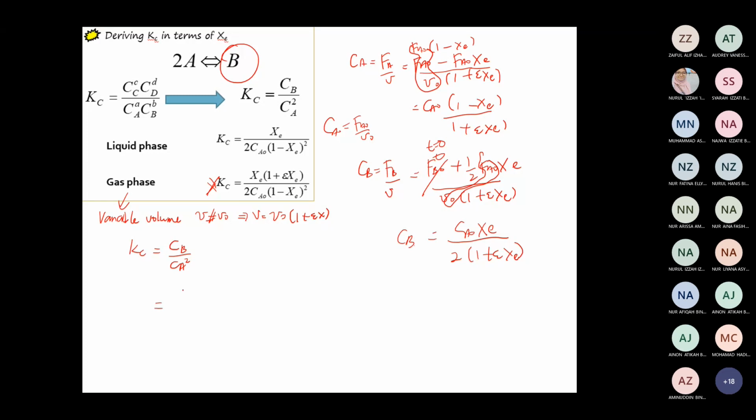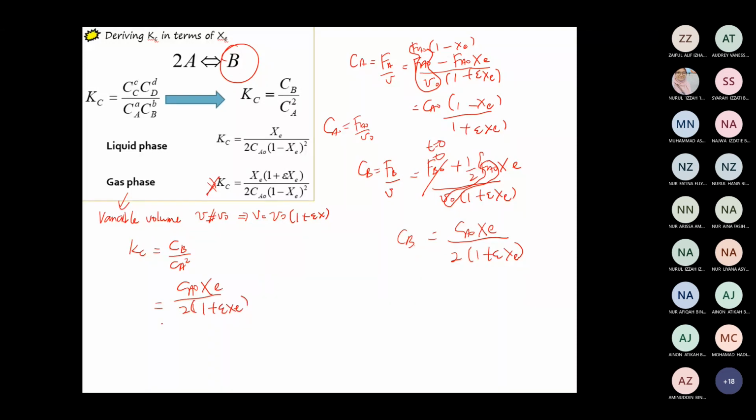Okay, so what is CB? CB adalah half CA0 XE. Okay, masukkan balik yang ni over dengan this one. So mana CB? CB adalah CA0 XE over with the 2 plus dengan, okay, so daripada situ and then 1 plus epsilon XE.